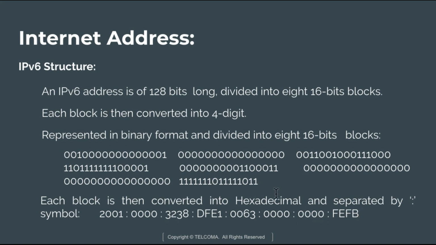This can be further reduced: we can reduce 0000 to a single 0, the leading zeros can be dropped so 0063 becomes 63, and the two consecutive zero blocks can be represented by a double colon. So this IP address can be compacted by reducing consecutive zeros. These are the representations of an IPv6 address in binary format and in hexadecimal format.